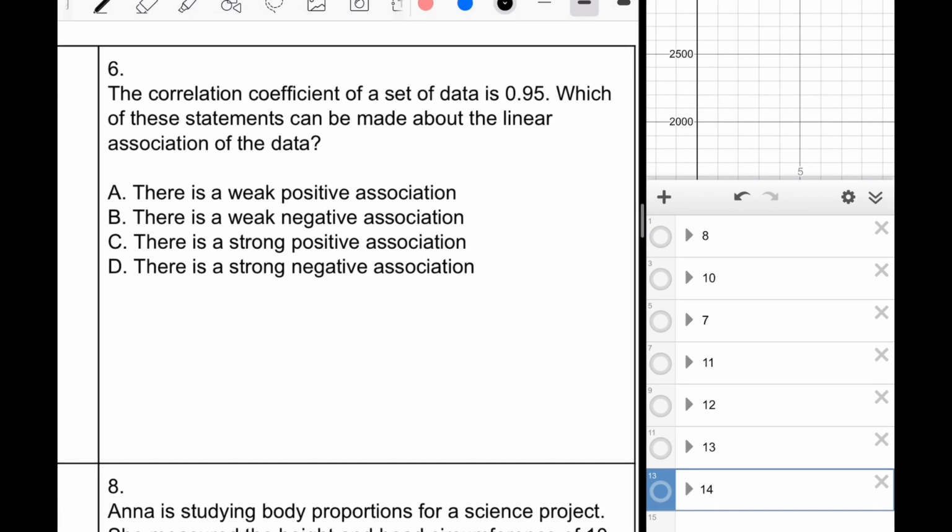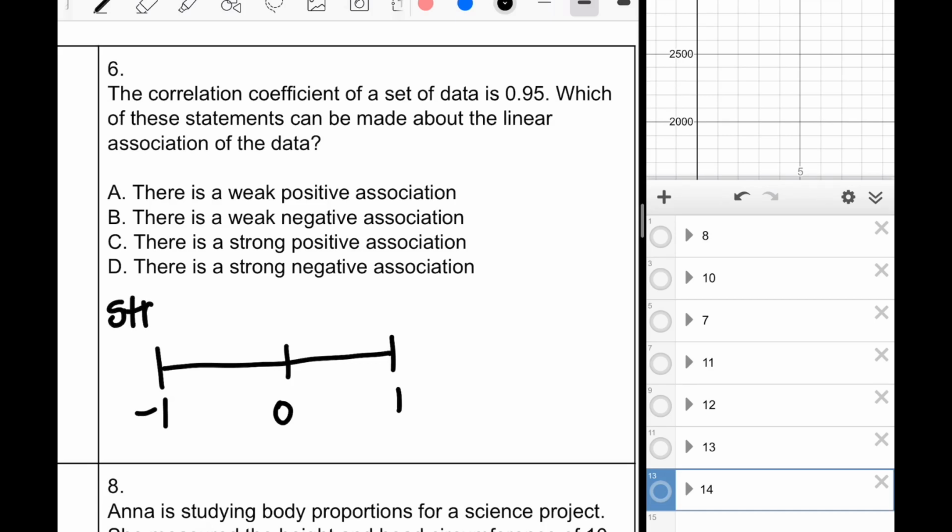All right, so for number 6, it says the correlation coefficient of a set of data is 0.95. Just a reminder, we're not finding anything, but we should remember that our correlation coefficient falls between -1 and 1. If it's negative, then of course it's going to be going down. If it's positive, that means it's going up.